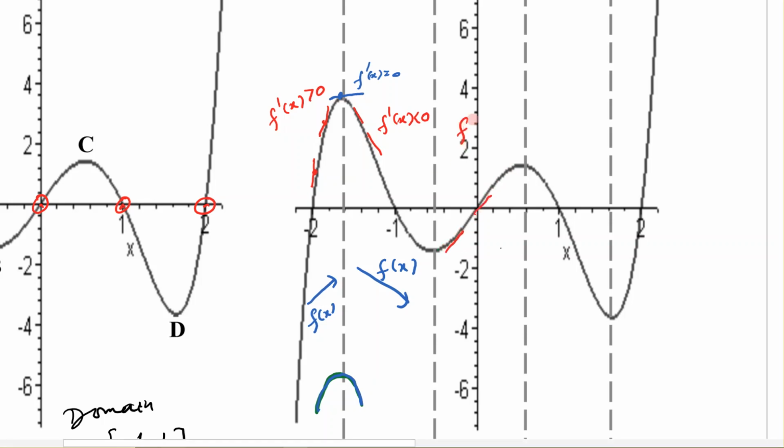Again in this interval the slope is positive, and the function reaches the maximum height, and the slope becomes 0. And again after this point, the slope becomes negative. Whenever the slope is positive, we notice that the function is increasing.